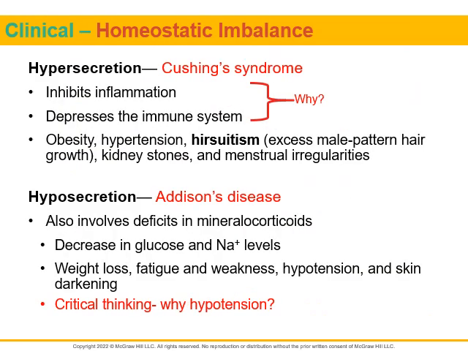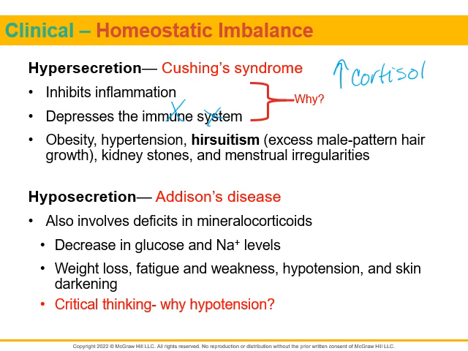On this clinical slide, we're looking at hypersecretion and hyposecretion. Basically, if I have increased levels of cortisol, that's going to inhibit inflammation or depress our immune system. Think of it as if I'm trying to survive, if I need my heart beating faster and my brain functioning, I need lots of glucose in my bloodstream to make all this energy to drive all of these functions to survive.